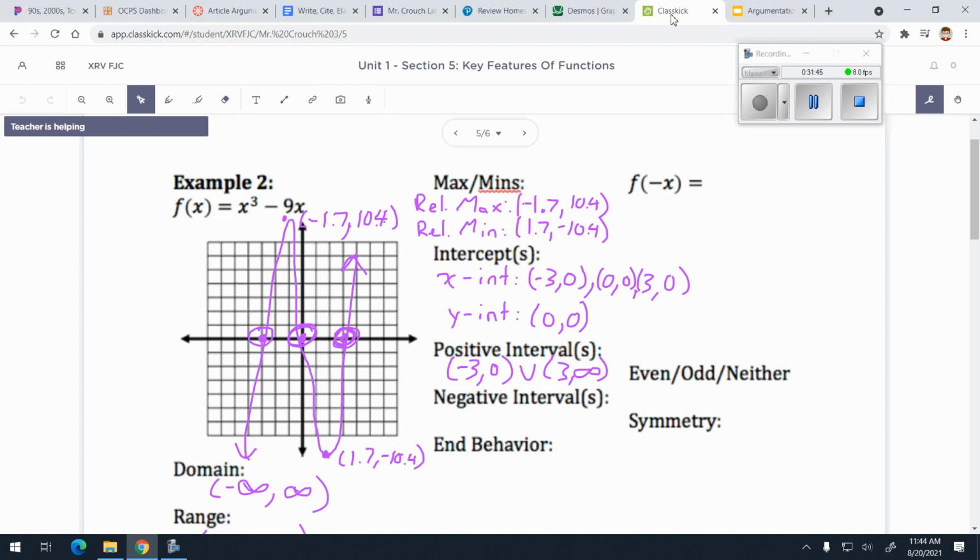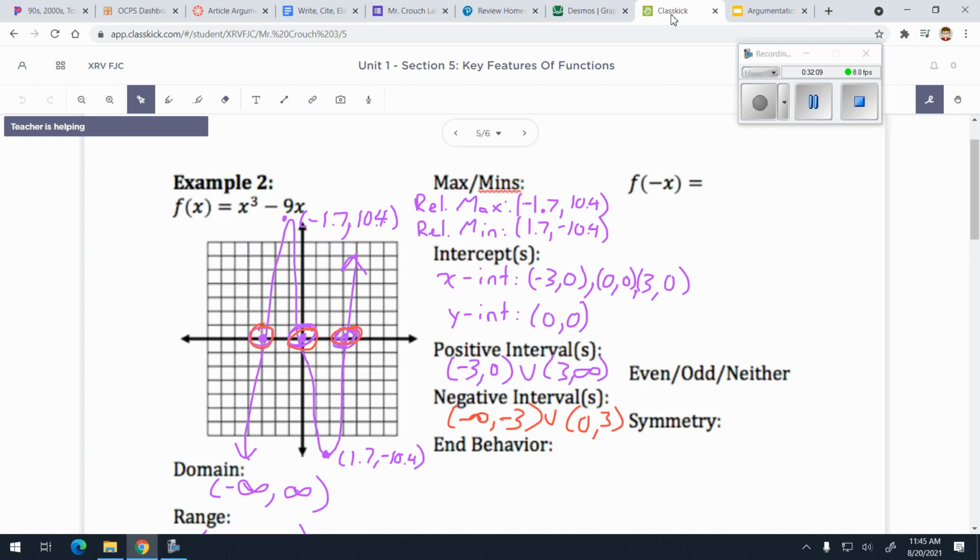Okay, same thing for your negative intervals. Your negative intervals start in negative infinity and stop here. So that's still negative 3. But then they pick back up from here to here, which is from 0 to 3. Again, in union with. Okay.